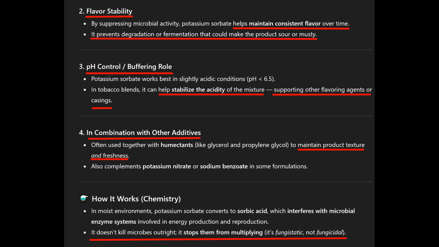Fourth, in combination with other additives to maintain product texture and freshness. How does it work? It doesn't kill microbes outright, it stops them from multiplying. Okay, it's fungistatic, not fungicidal. I think I said it right, I hope. Let's go further.